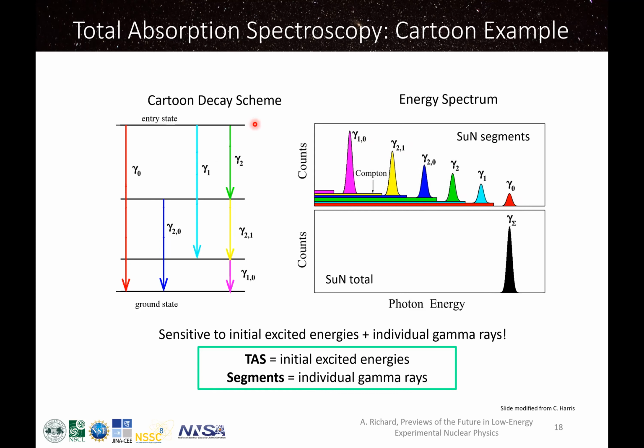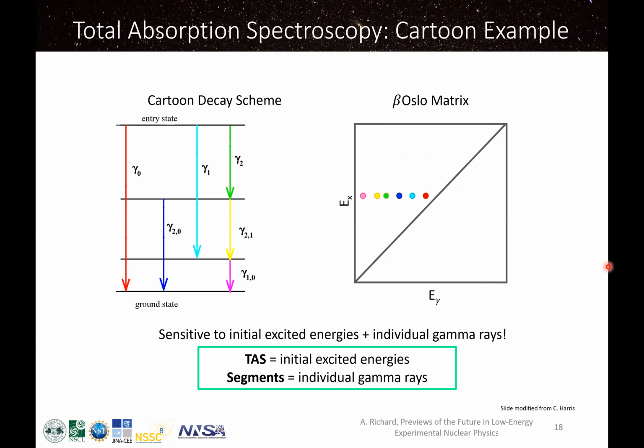So this is what we refer to as our TAS, or total absorption spectrum. And then this is our segment spectrum that gives us our individual gamma rays. And the way that this actually looks inside of our Beta-Oslo matrix is that we have our excitation energy versus gamma ray energy, and each one of these gamma rays would fall along this same excitation energy line.